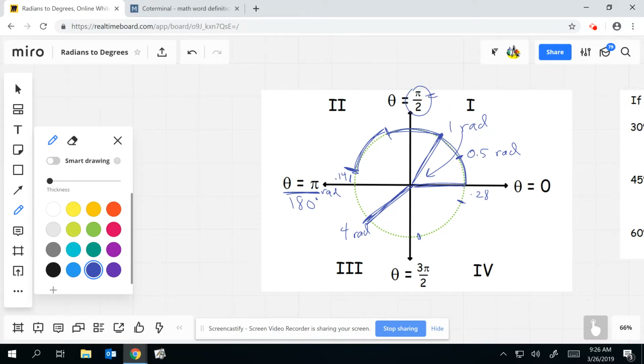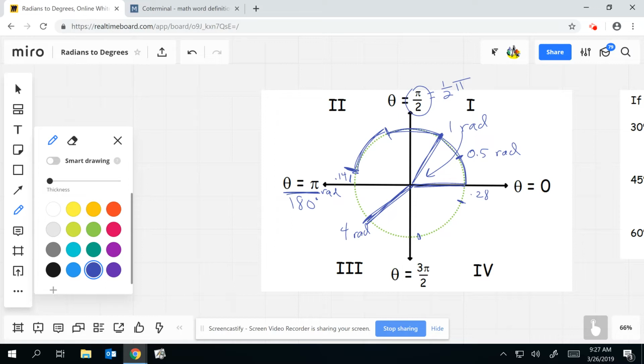You could also write this as 1/2 pi. If you like it better that way, write it that way. It's not half a radian, it's half of a pi radians. It's half of a circle. So if it's between a half and 1 pi, then it's going to be in quadrant 2.